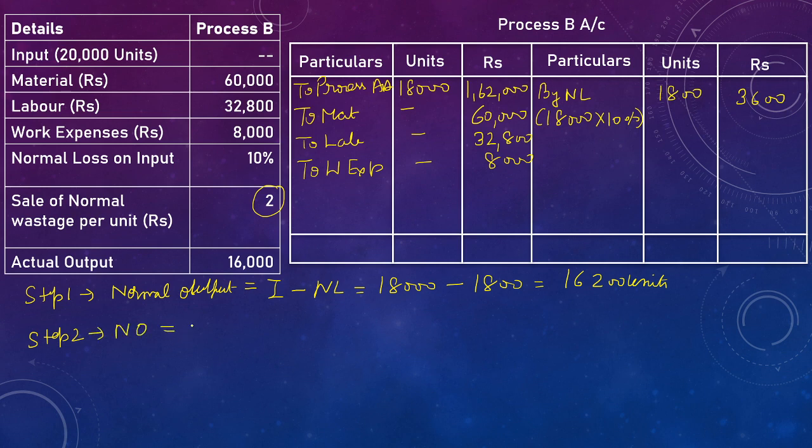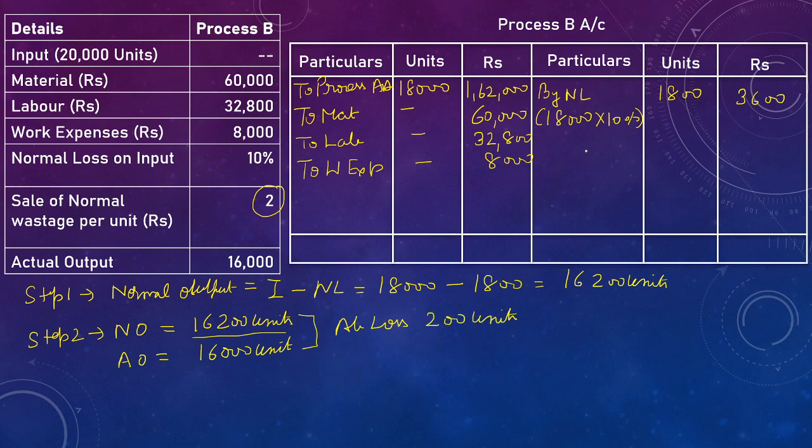Our normal output is 16,200 units, which is the output under normal circumstances, but our actual output here is 16,000 units, which is given in the question. So again our actual output is less than normal output, so the abnormal loss units here are 200 units.